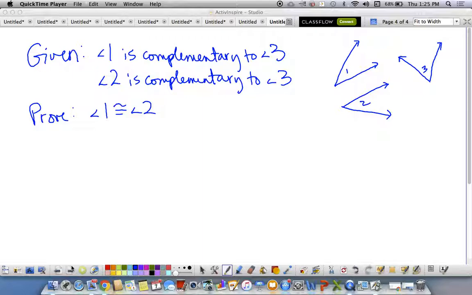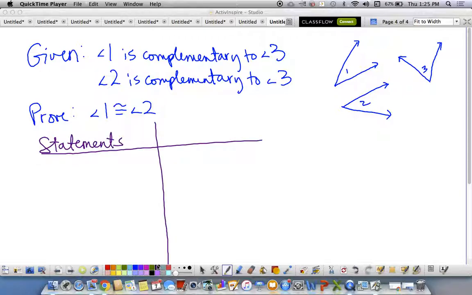Maybe that's a good reason for this. Now I'm going to start my statements, long straight line, and my reasons. You might want to give yourself a little bit more room if you're at the bottom of the page.